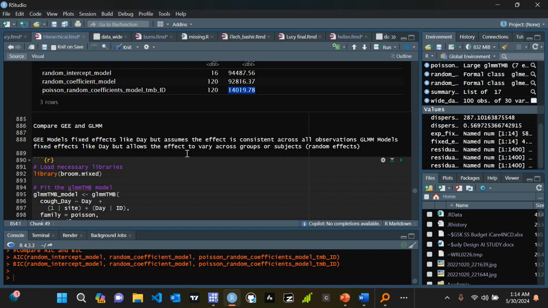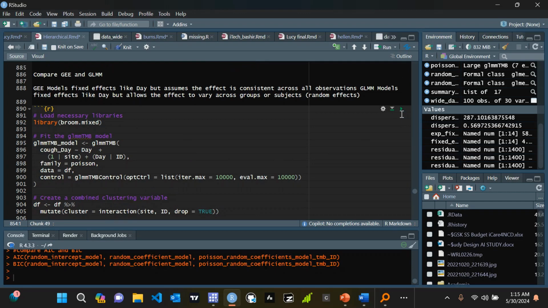GLMM models have fixed effects like day, but allow the effect to vary across groups or within subjects. So that's the difference. GEE models fix the time effect, yet GLMM models fix the time but also allow it to have random effects between individuals, or between and within subjects.